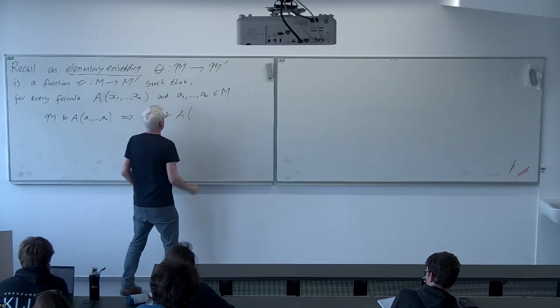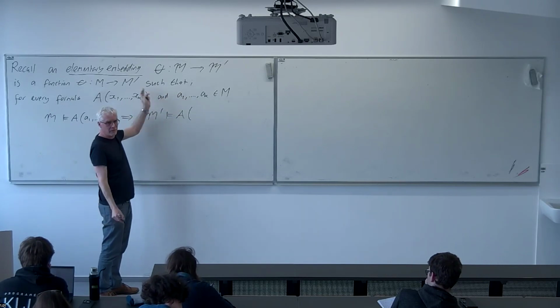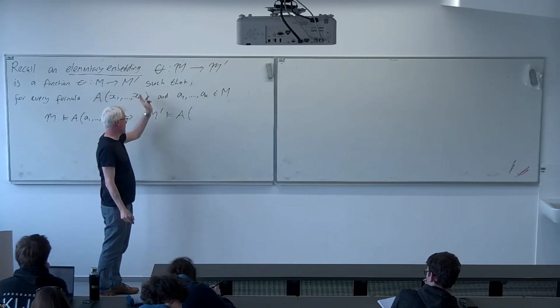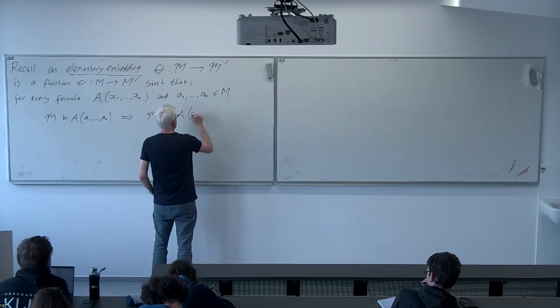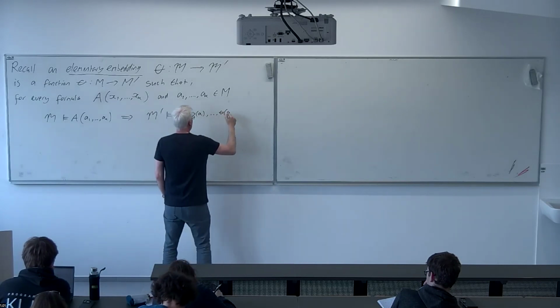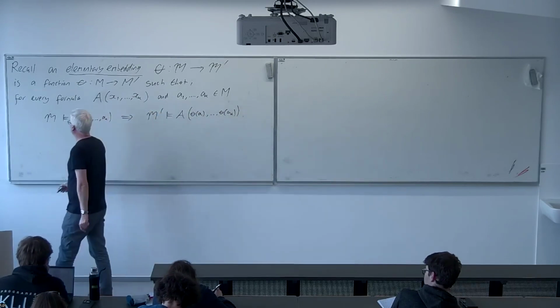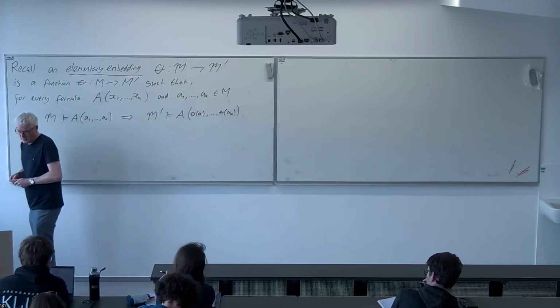Of course, these parameters don't make sense in M prime, but we can get parameters that do by using the mapping theta. So here we have, in parameters, theta a1 to theta ak. And that's the notion of elementary embedding.